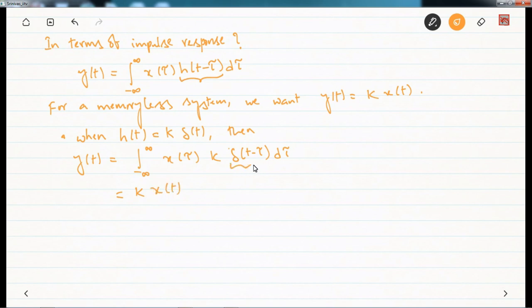Because this delta of t minus tau is 0 for every value of tau except at tau equal to t, where it is 1, and it's 0 otherwise. Hence, this becomes this, right?